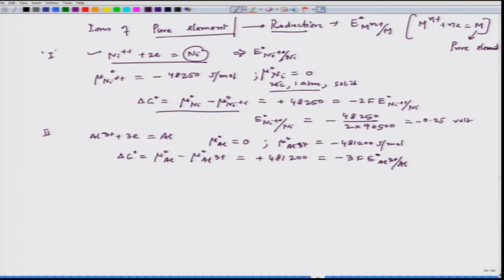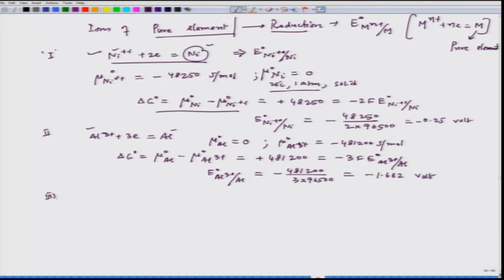Now every time I am writing oxidant and reductant, that means this is oxidant, this is reductant. From this we can also get E0 Al3+/Al equal to 481,200 by 3 into 96500, which would be equal to minus 1.662 volt.